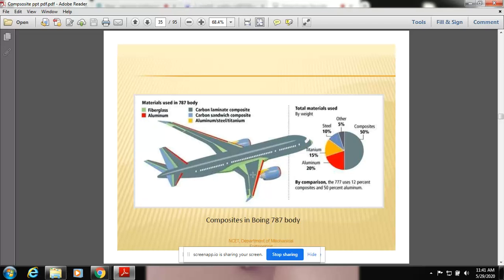The major stress or major deformation takes place at this portion, which means that at this portion we require higher strength compared to this portion, right? That was the reason glass fibers are going to take more load compared to other materials. That's why this portion is made using glass fibers, right? That was the reason we use the composite materials in aerospace.